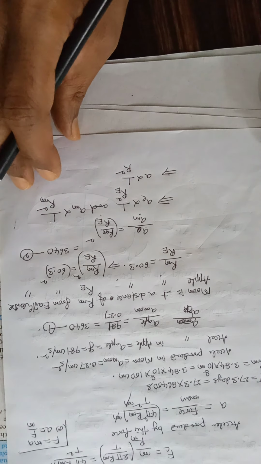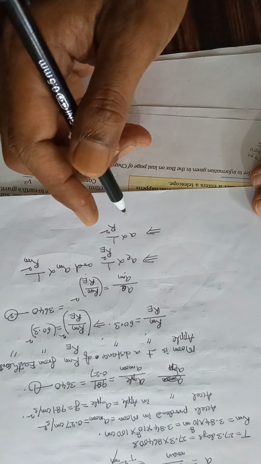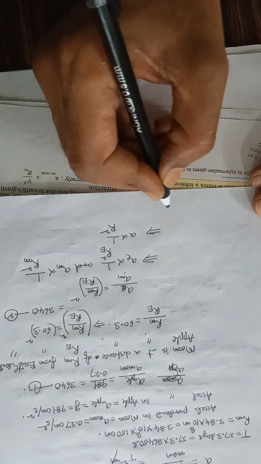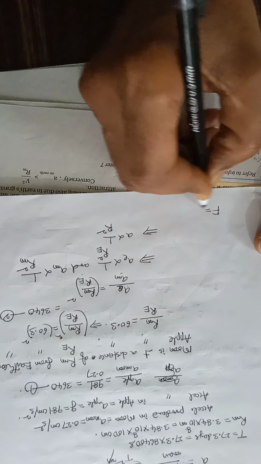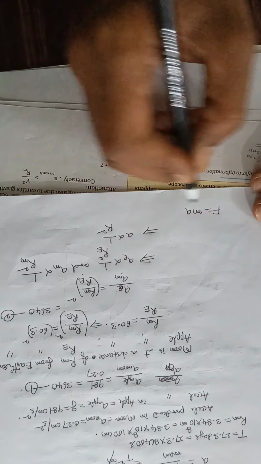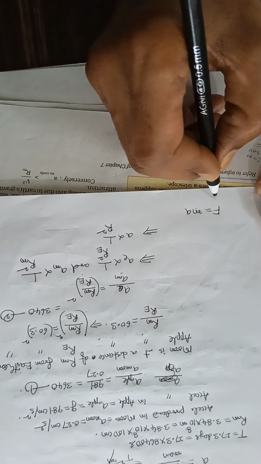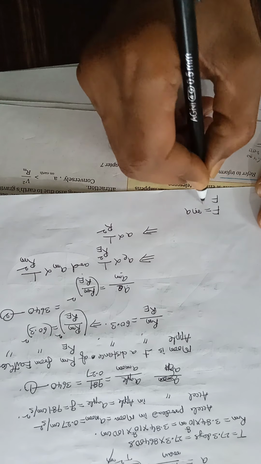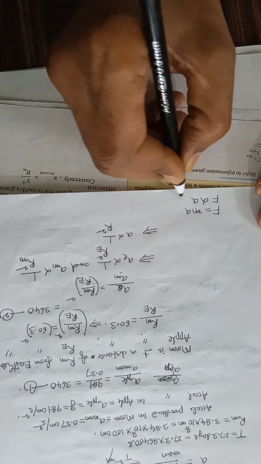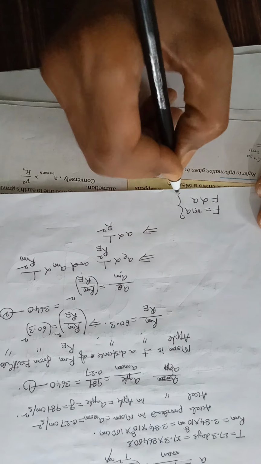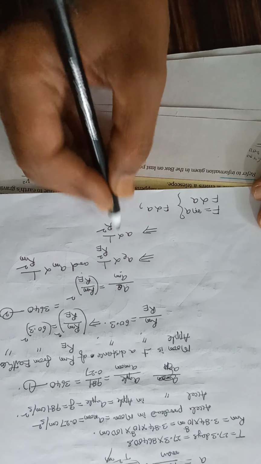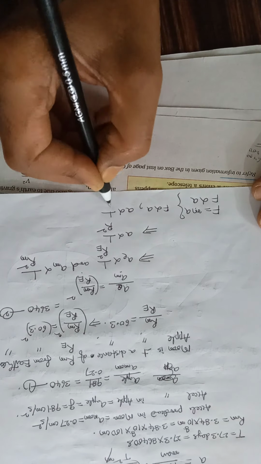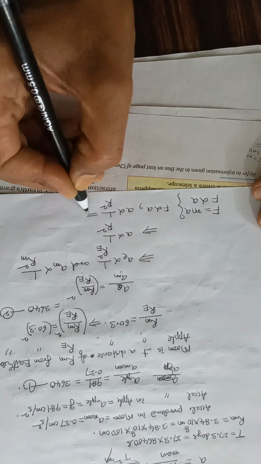By Newton's second law, F is equal to ma. M is a constant, therefore F is directly proportional to A, and A is directly proportional to 1 by R square.